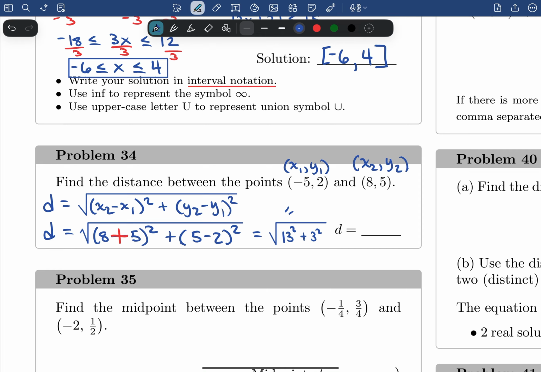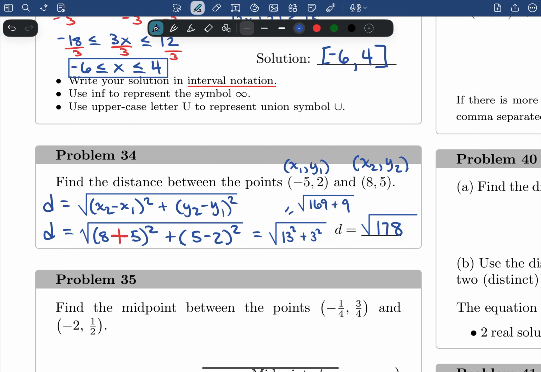Writing this above, I would say, well, this is the square root of 169, right? 13 squared is 169, plus 3 squared, which is 9. And so my final answer will be that the distance is equal to 178 under a square root. The square root of 178.